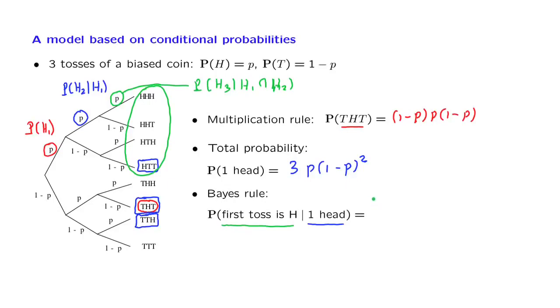We use the definition of conditional probabilities. The conditional probability is the ratio, first, of the probability that both events happen, divided by the probability of the conditioning event, which is the probability of one head.